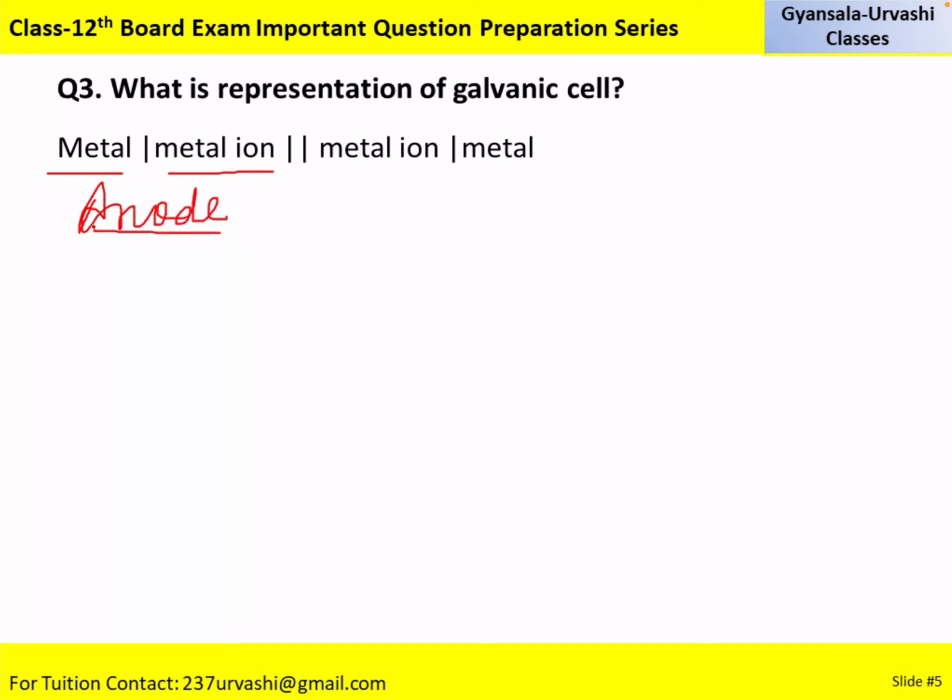Since in a galvanic cell two electrodes are present, one anode and one cathode, the left part we generally write for the anode reaction. After this double line, whatever is written refers to the cathode.